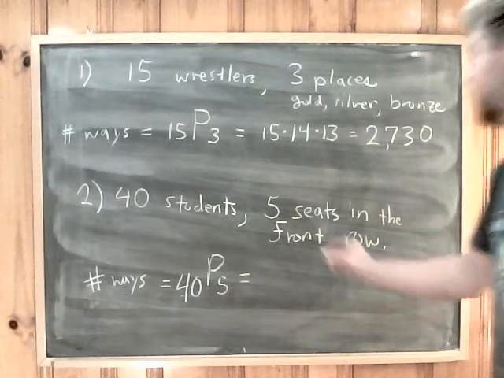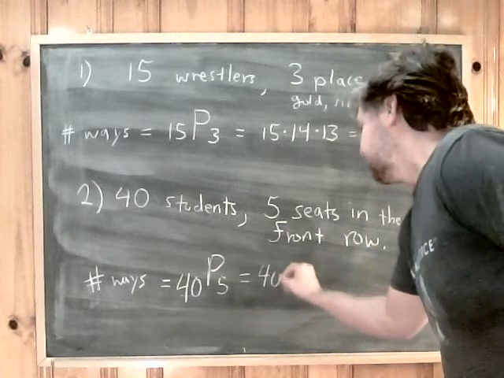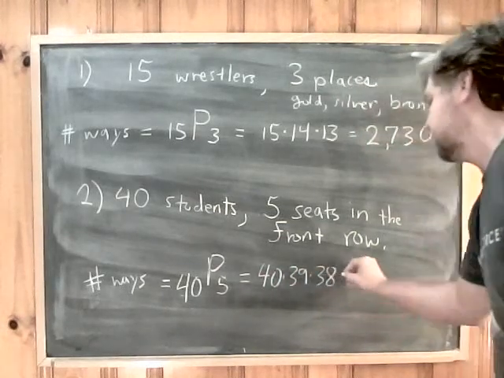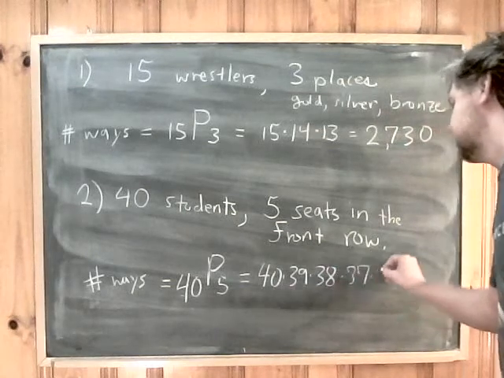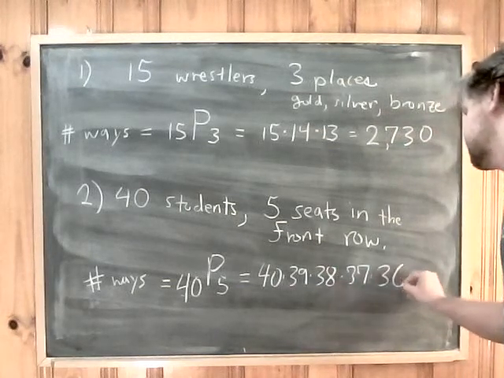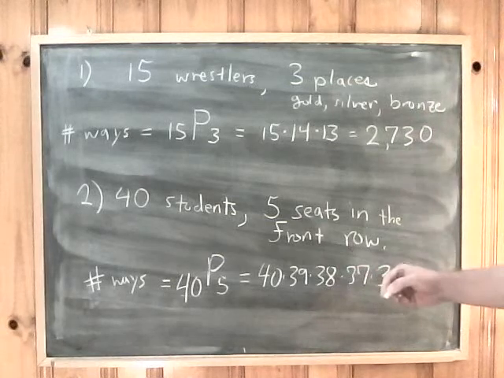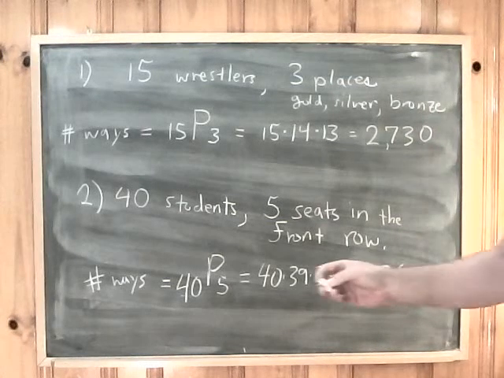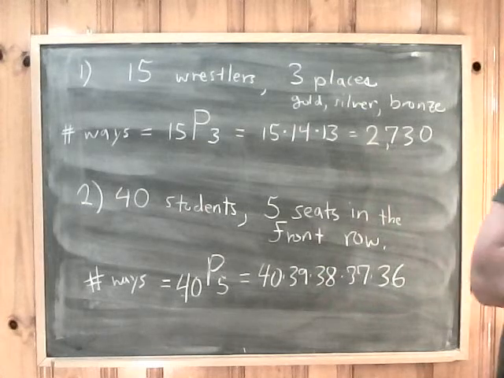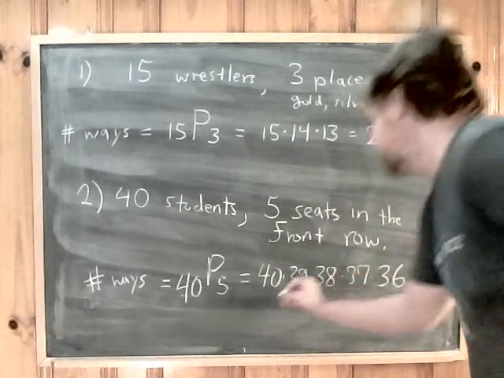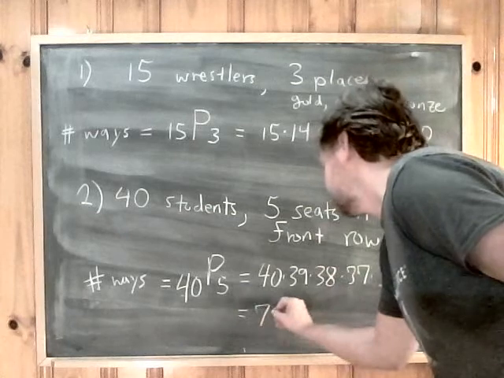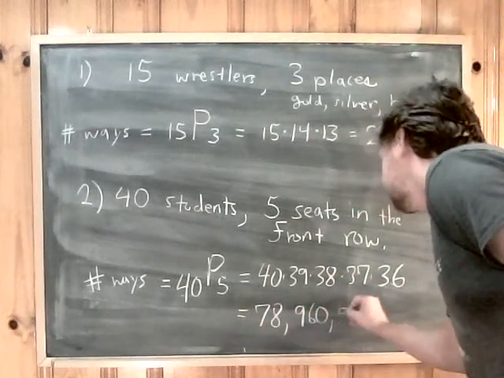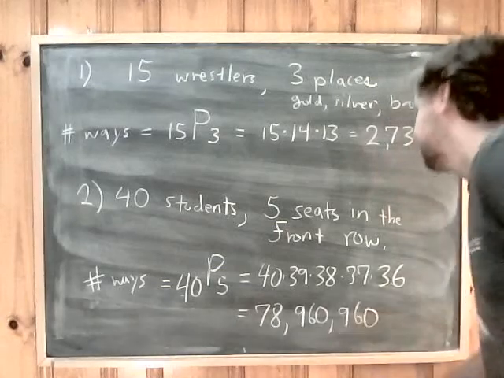And so that equals 40 times 39 times 38 times 37 times 36. Check that there's 5 there. Yeah, there we go. And that comes out to 78,960,960.